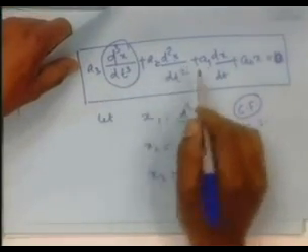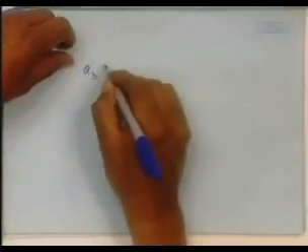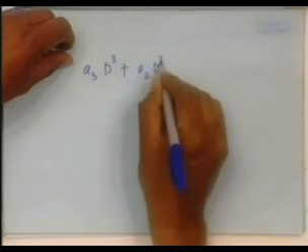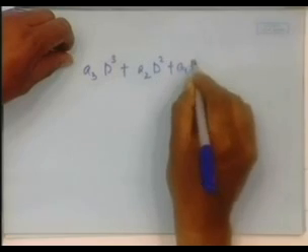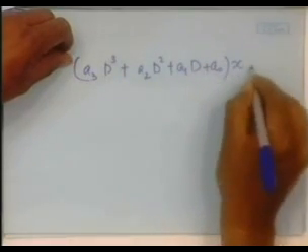If you take the Laplace transform, or otherwise you write generally the characteristic equation as a3 D cube plus a2 D square plus a1 D plus a0, into x, is equal to 0.